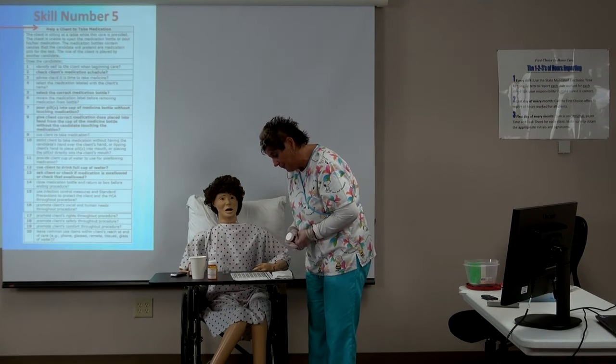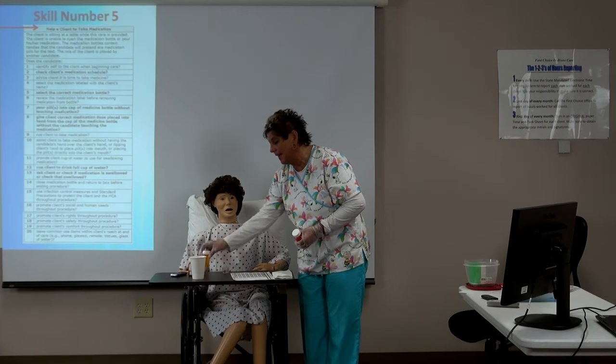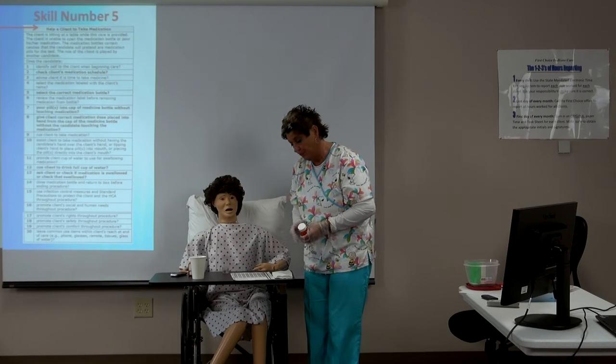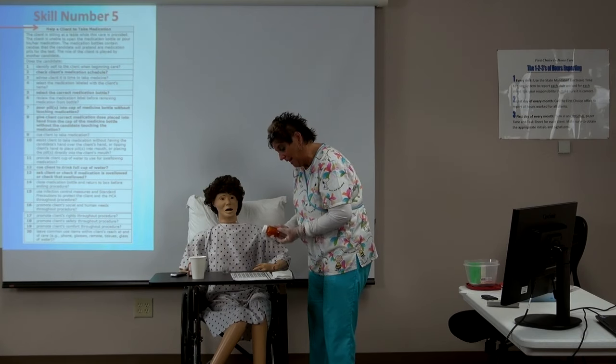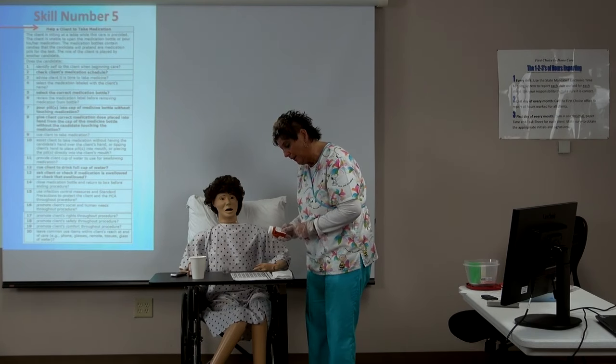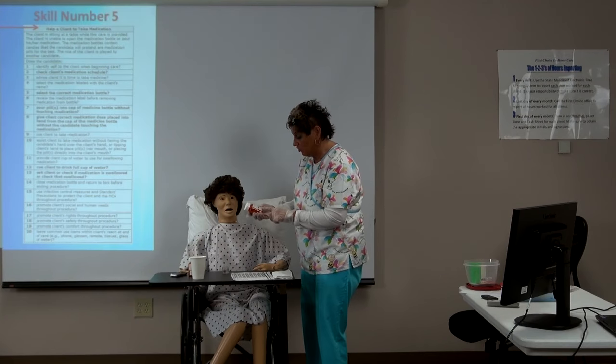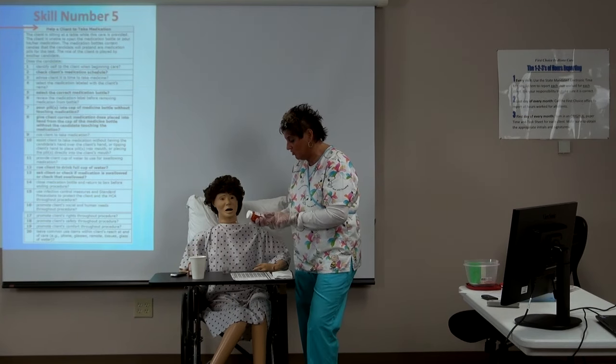Lemon candy. Take 1 tablet at bedtime. So we're not going to need that one because this is in the morning. Cinnamon flavored candy Red Hots. Take 2 daily in the morning after breakfast by mouth for her hypertension. Let's see. This says Jane Bubba.